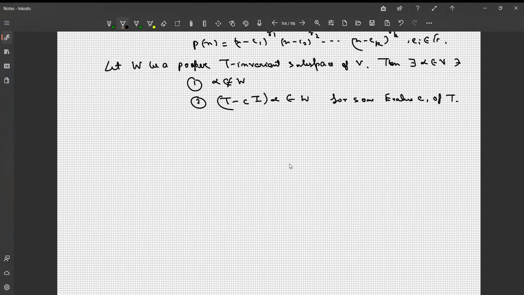Let us prove this. Also observe one thing directly from the lemma, that this lemma actually states the fact that the T-conductor of this alpha into W is basically a linear polynomial, to be more specific. It's a linear polynomial.